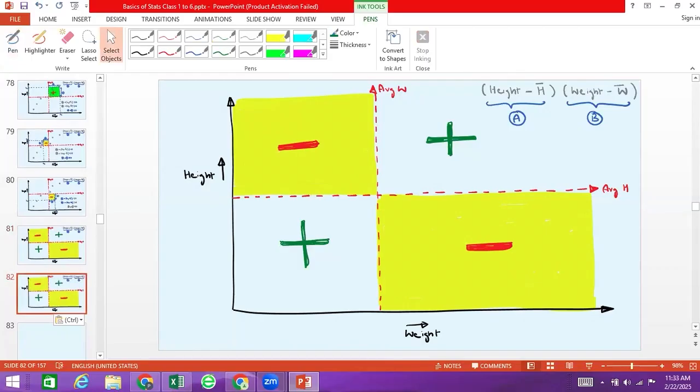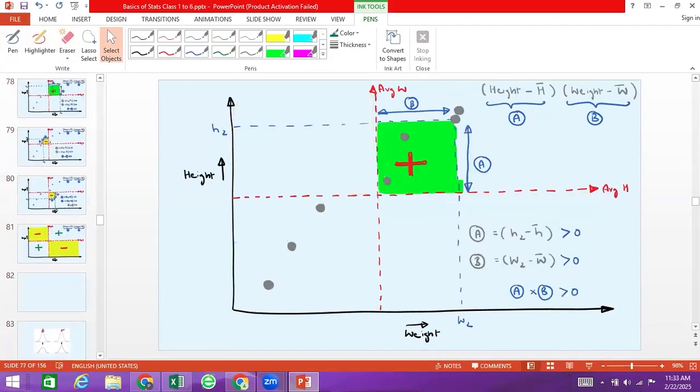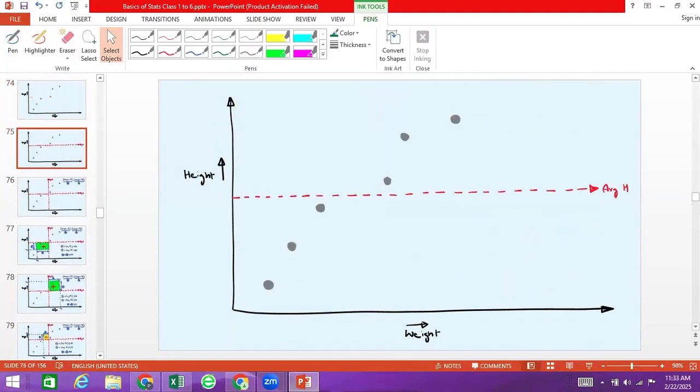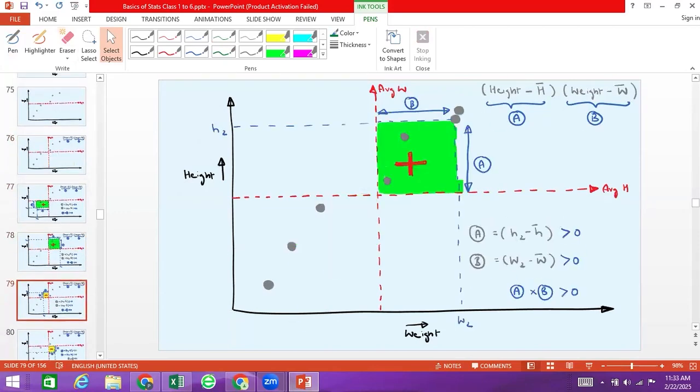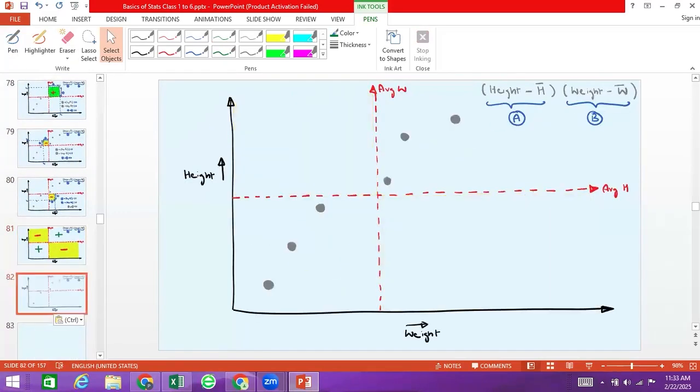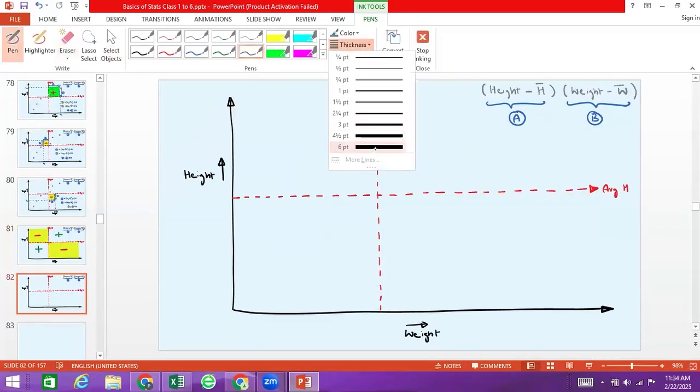Now let's just imagine that I have a few points. I'm just going to draw a few points and you need to tell me what will be the summation of those areas for those points.